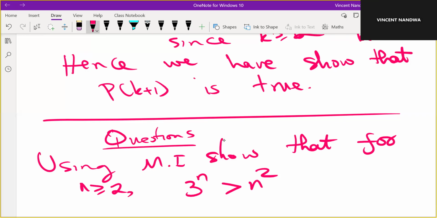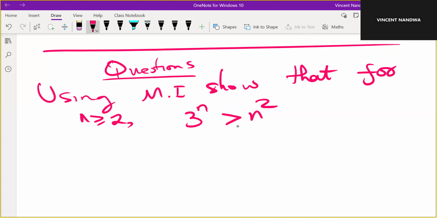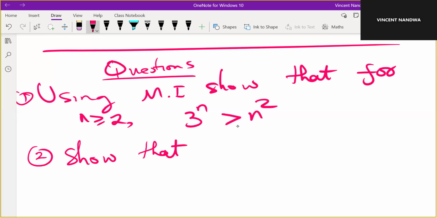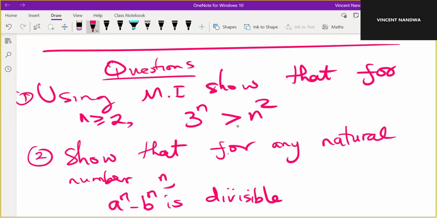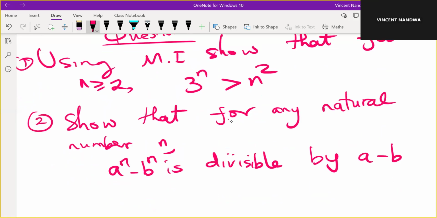And then the other one, show that for any natural number n, a power n minus b power n is divisible by a minus b, where a is always greater than b.